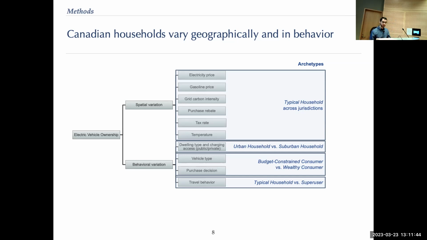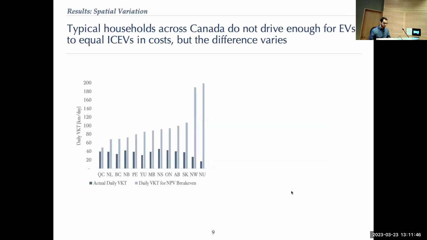So what variation do we actually see across Canada? Well, over here, I have all of the provinces and territories listed in this bar graph. The darker bars on the left-hand side under each of the jurisdictions reference the actual daily distance that is driven in that particular jurisdiction, according to Statistics Canada data.